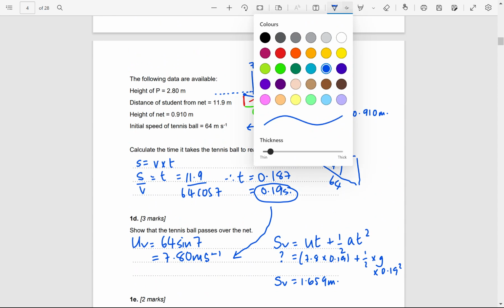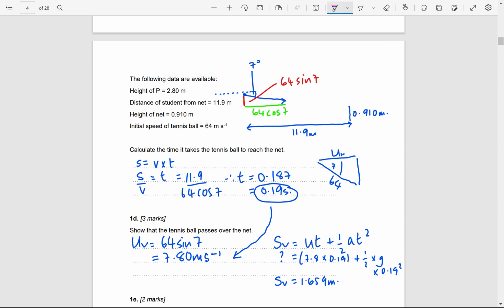Now we know that, I'm going to color this in pink. All right, so we know that it starts off at 2.8 and we know it falls 1.659. So here's 2.80, it falls 1.659. So the question is, has it fallen too far?